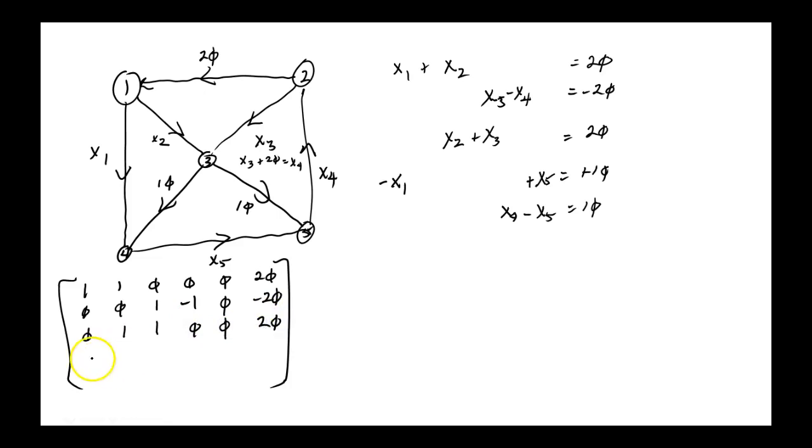Next. Negative 1, 0, 0, 0, 1, 10. Okay, and last. 0, 0, 0, 1, negative 1, 10. All right.